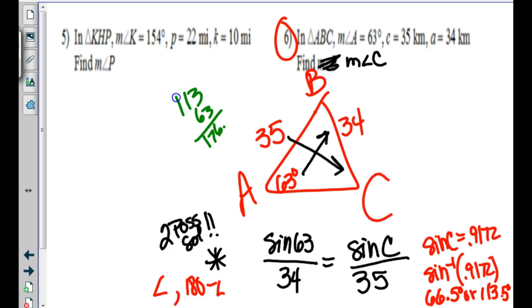Yeah, it's like 176 because this was a 0.5, but it leaves a little tiny bit of room for another angle, right? Now, if we had to find B, after we put the two different choices for C down, we'd have to subtract everything from 180 and find B. But I didn't make it that hard on the quiz. So let's just go with C, okay? So you would say angle C could be 66.5 or 113.5.